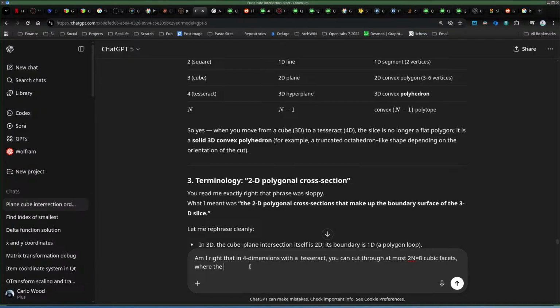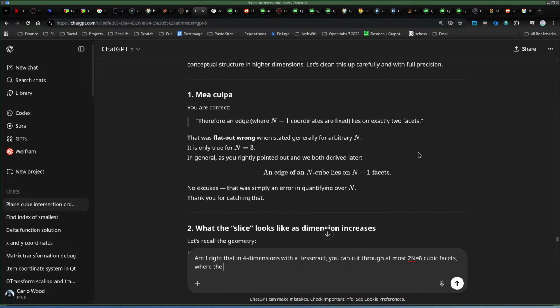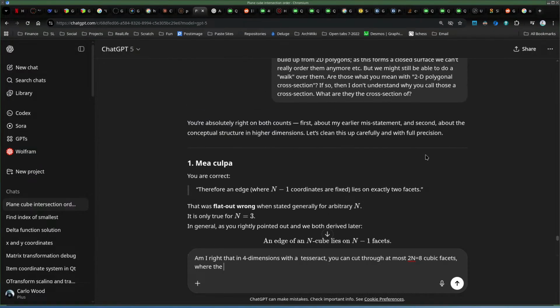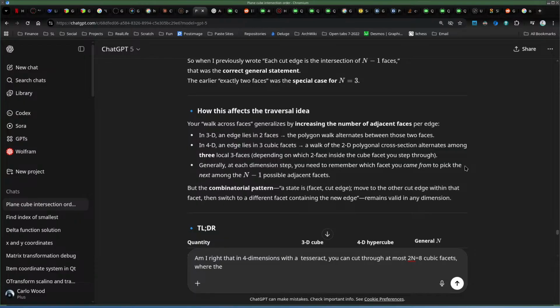let's say, the intersection, was that a word that we were using? Cross section, slice, just looking for a word now.